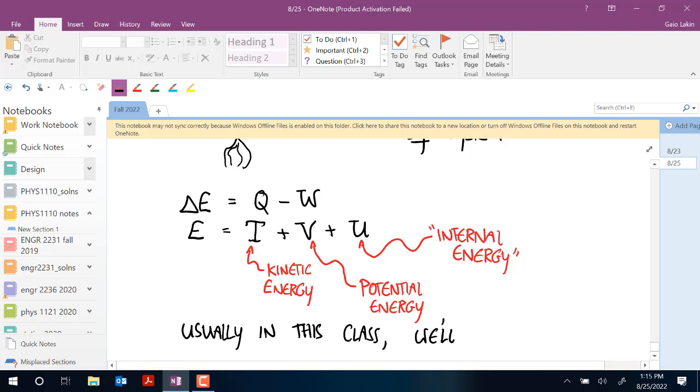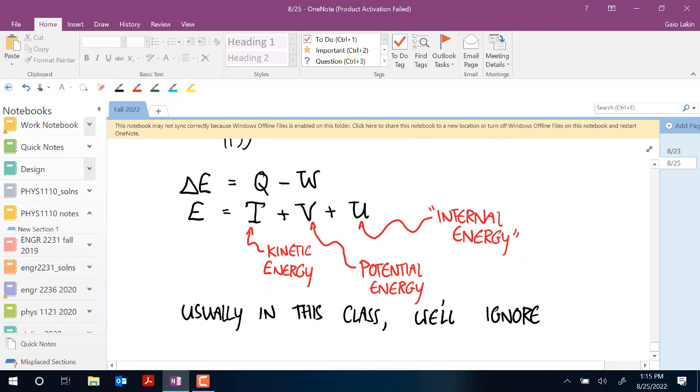The thermal energy is going to be a lot more important. And also, we usually won't have, if you're talking about like a tank that's being heated up to produce energy, changes in height of the tank or changes in speed of the tank. That's what would cause kinetic and potential energy changes. So usually we'll ignore kinetic and potential in this class.